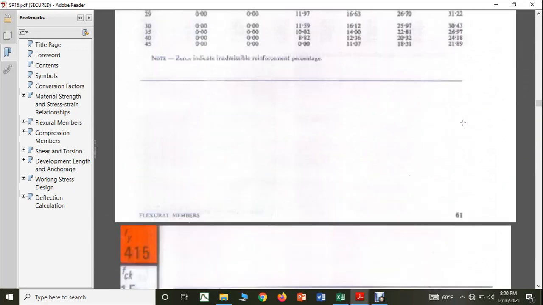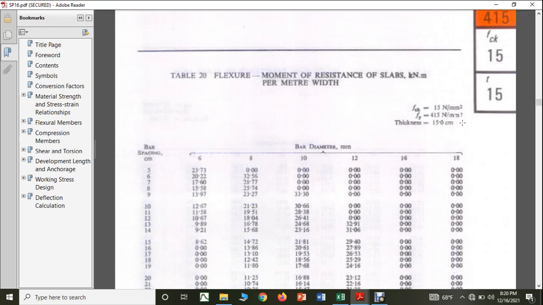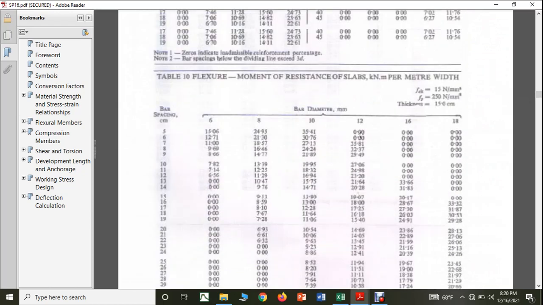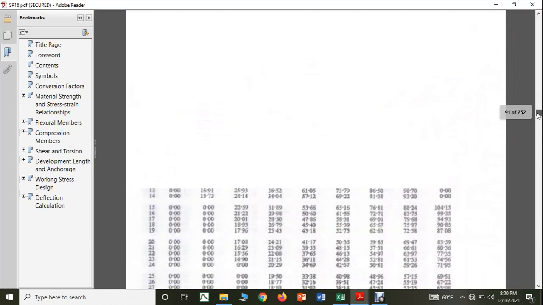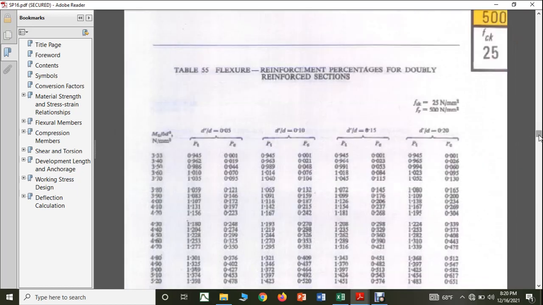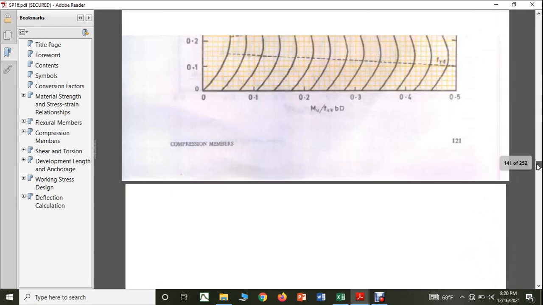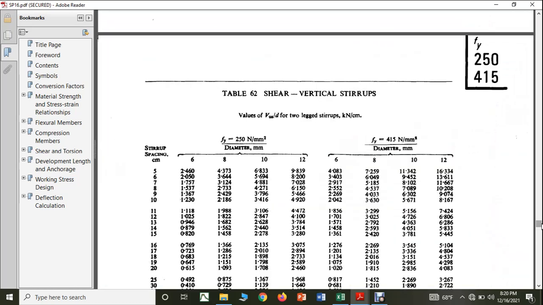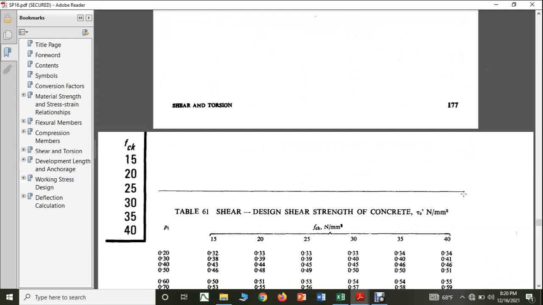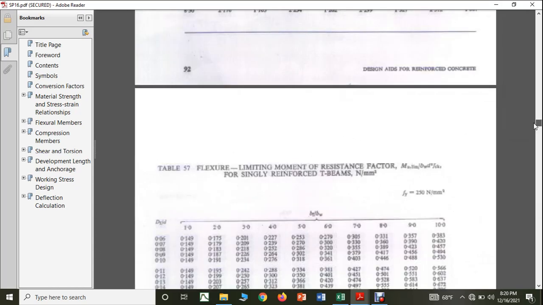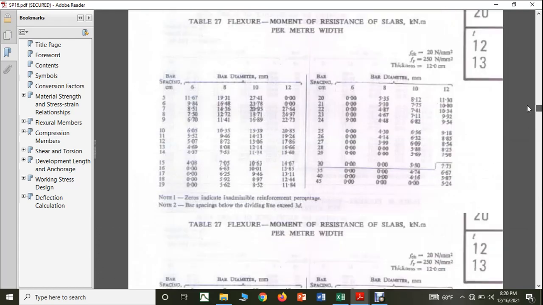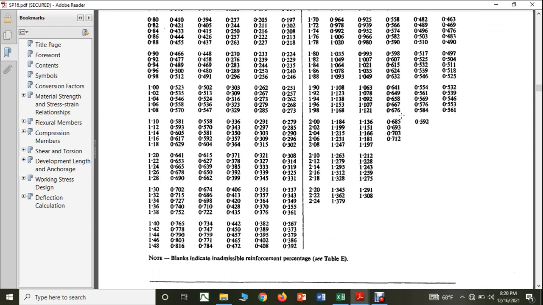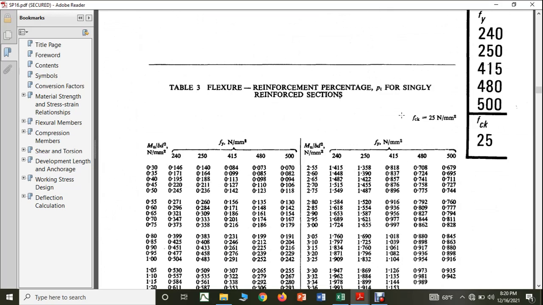This table is for the slabs, this is not it either, and this one is for columns. I think it is in the beginning only. Yes, this one. I have to use fck as 25.